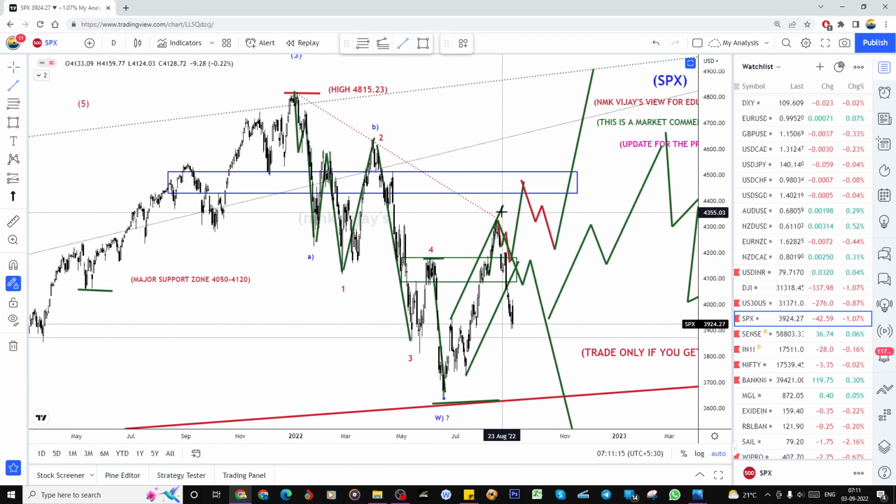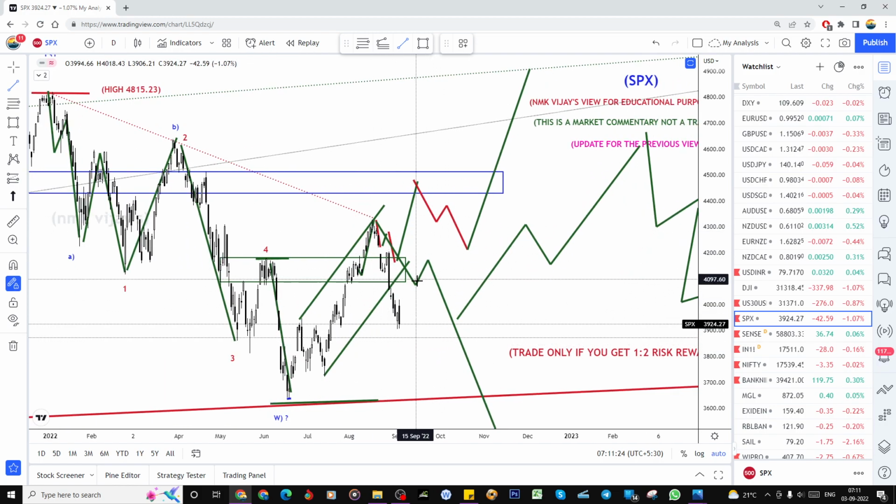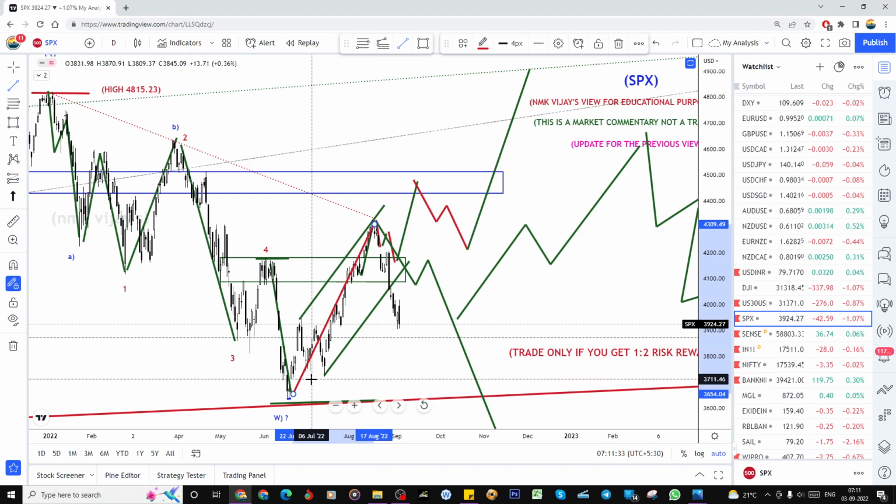But one more possible analysis we did is 1 2 3 to break this low also, though we don't know whether it is breaking like this. And after that, here I explained this. It is now confirmed that this one three-wave structure got completed.